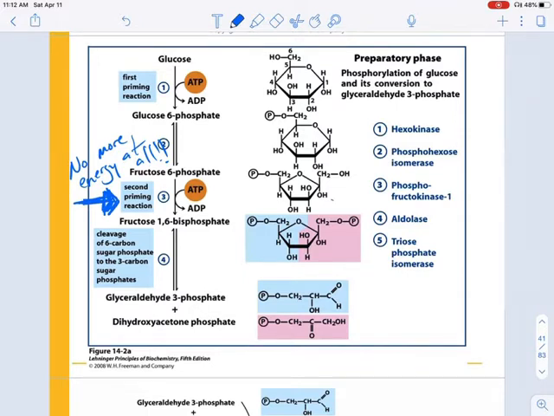Now, there are certainly steps that are endergonic, right? And typically, when we have endergonic reactions, we couple them with an exergonic reaction. But in order to couple with an exergonic reaction, you'd have to add energy. You'd have to provide energy some kind of way. And so we will see the cell has tricks to avoid adding more energy into the system after this third step.